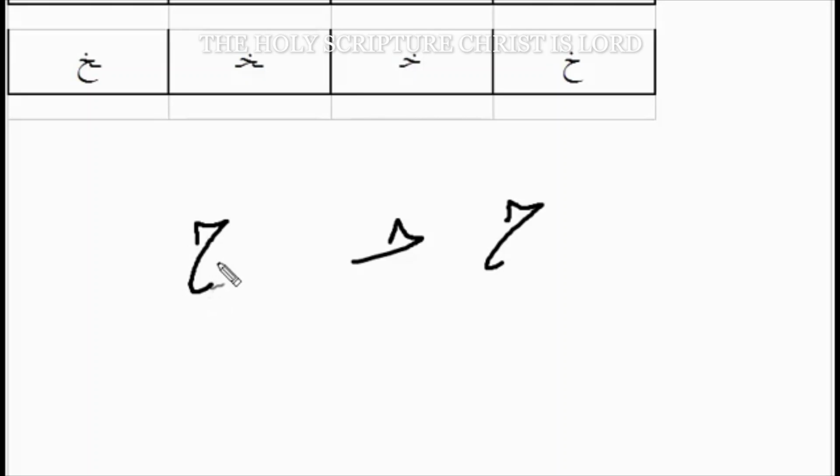So what we need to do is just connect. Very simple. This little line to connect, this little line to connect. Here there's no connection, it's in the front. If it is in the front, that means Ha is at the beginning. There's no connection on the right side. So this line is to connect.